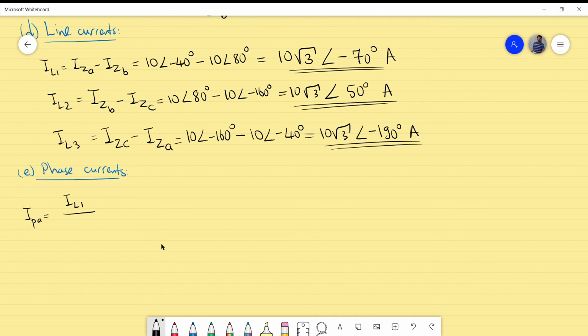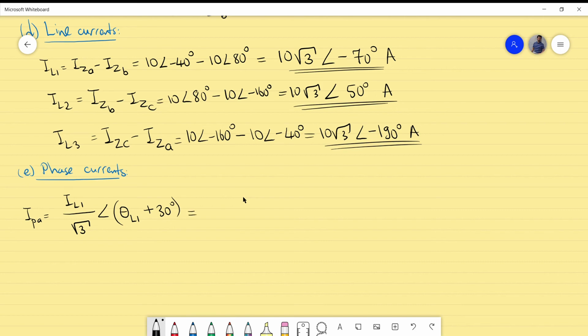So IP of A is IL1. You divide that by square root of 3. So that's actually the amplitude, the value of the IL1, which is this one. You divide it by square root of 3. And you look at the phase of the IL1. I will denote it as theta sub L1. And you add 30 degrees. That's actually the formula.